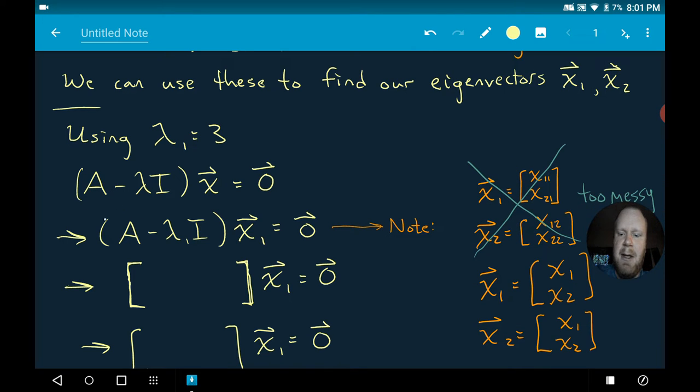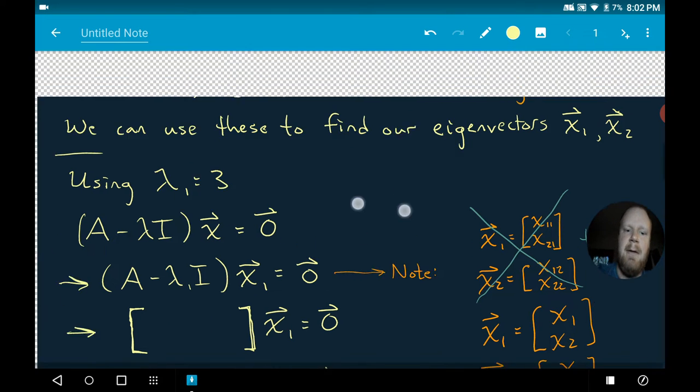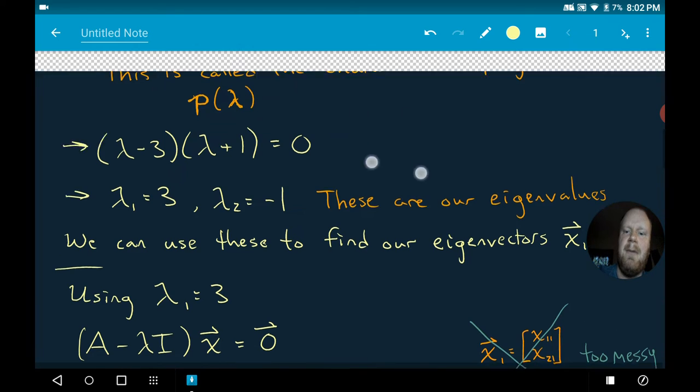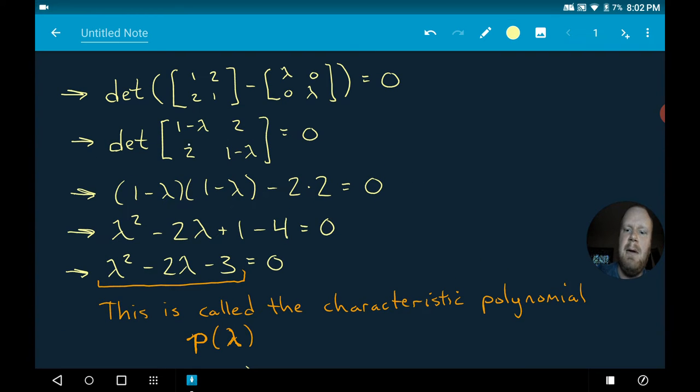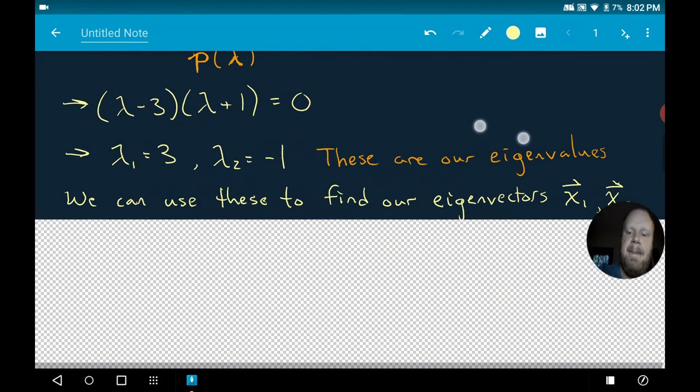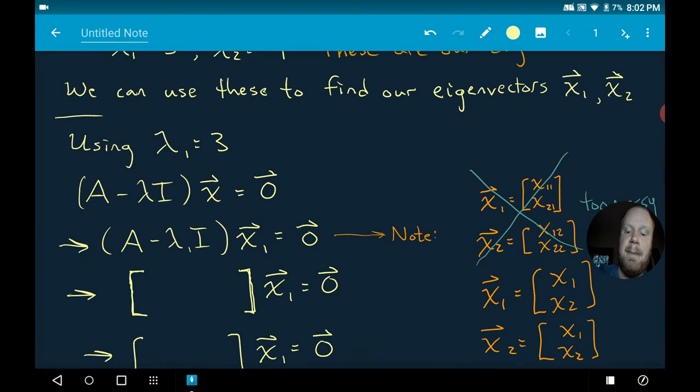Continuing with these, we have A minus lambda 1 I, and we actually already figured this out in the previous matrix. So we have A is going to be, sorry, it's been so long, I need to remember what this is. Okay, 1, 2, 2, 1. Minus lambda, right?